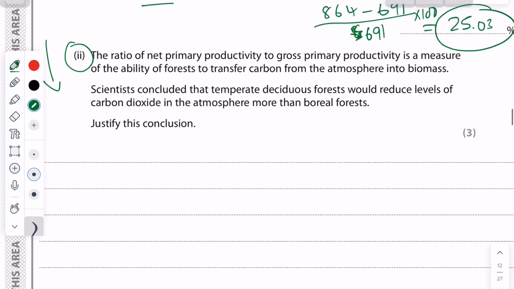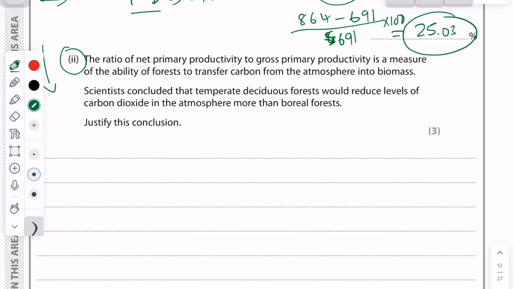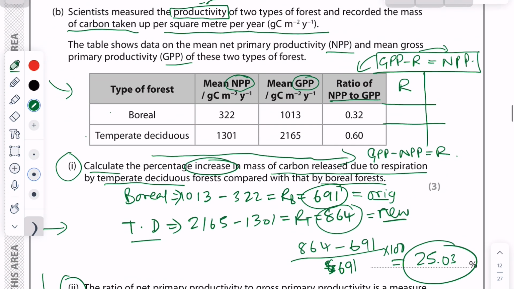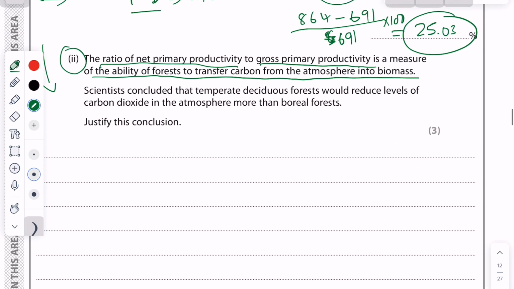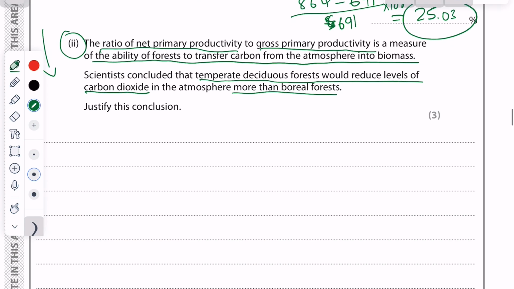Next, the ratio of net primary productivity to gross primary productivity is a measure of the ability of forests to transfer carbon from the atmosphere into biomass. Okay, so now we have the significance of these numbers. Scientists concluded that temperate deciduous forests would reduce levels of carbon dioxide in the atmosphere more than boreal forests.